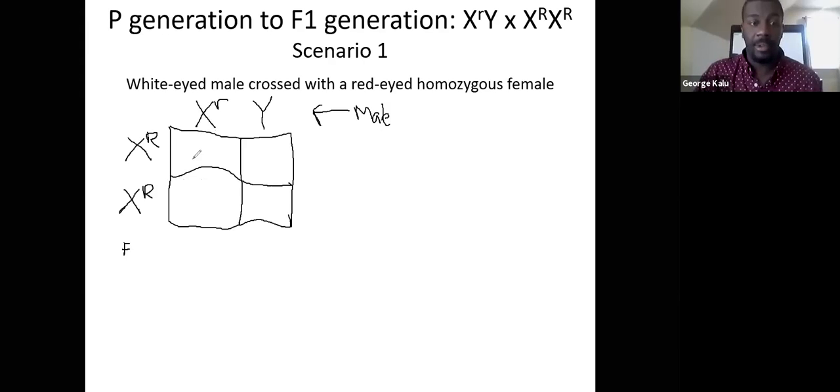If we look at this first box, what would we get? Michaela got this one right. So we'd have X big R and then X little r.